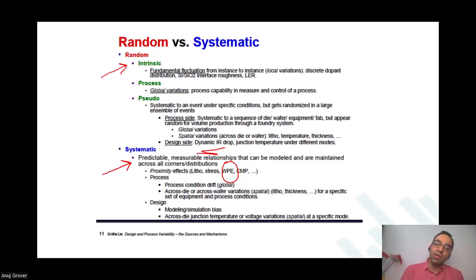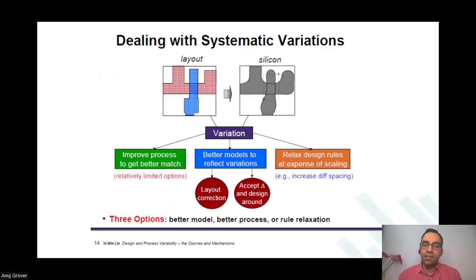So that is where we say that over here we have put in this concept that we can model these variations and see what impact they can bring about. This, for example, is an example of systematic variation. You made a layout like this.